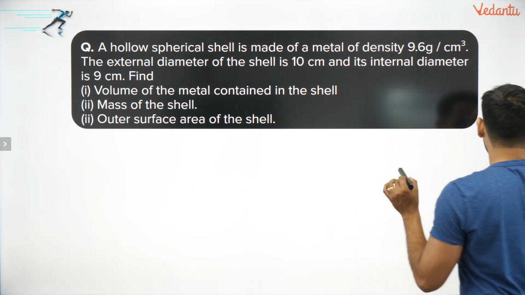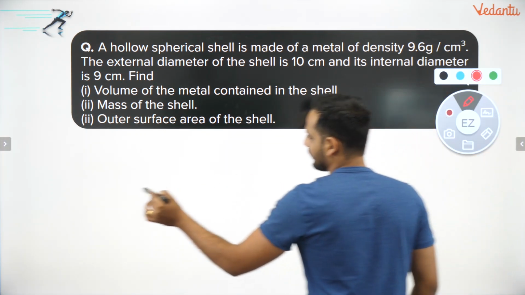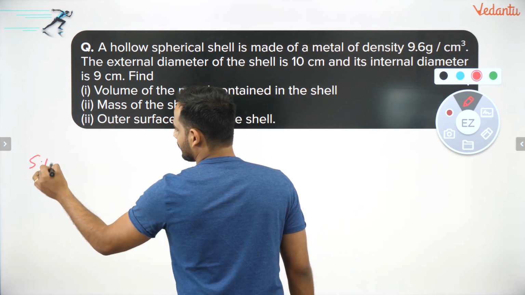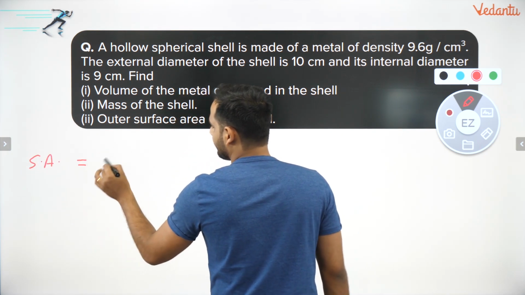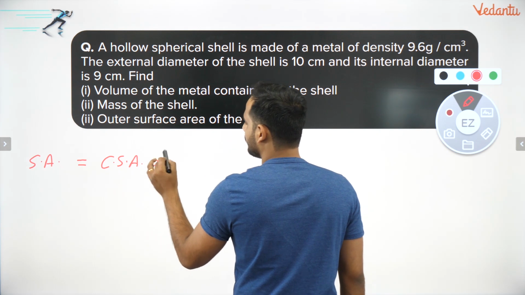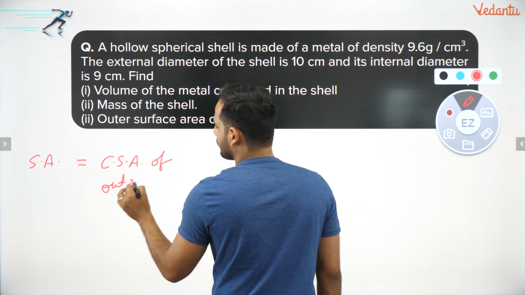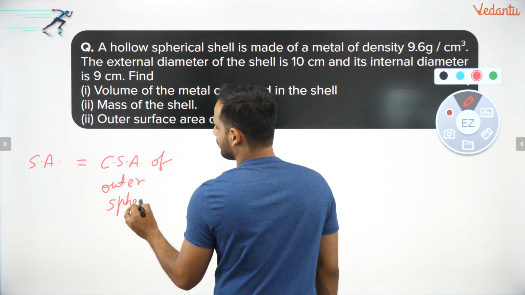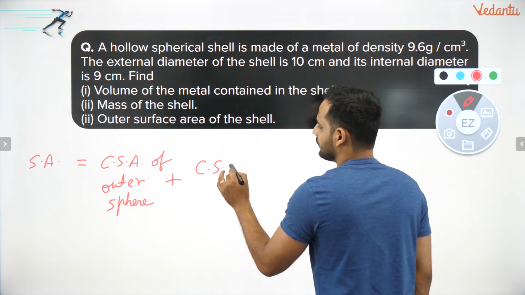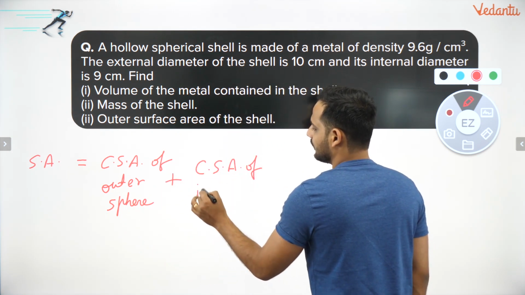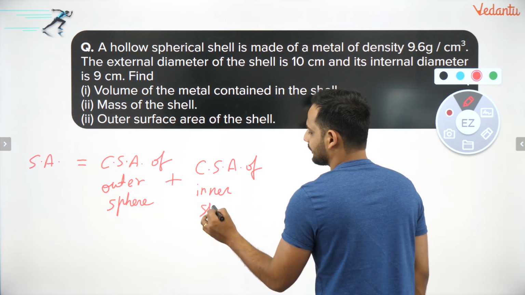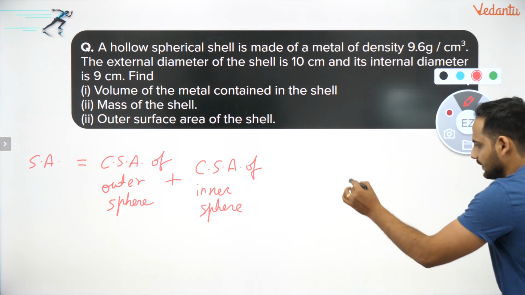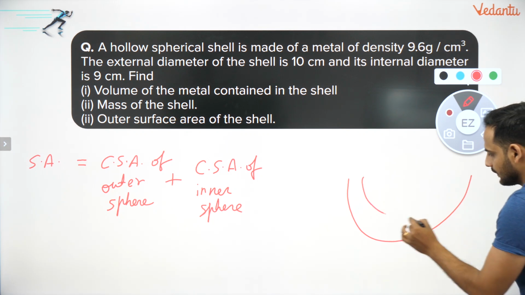So you know what surface area will be including, first thing understand. If I want the surface area of the whole shell, first I will say CSA of outer sphere plus CSA of inner sphere, right? Why? This outer sphere is there, this inner sphere is also there.